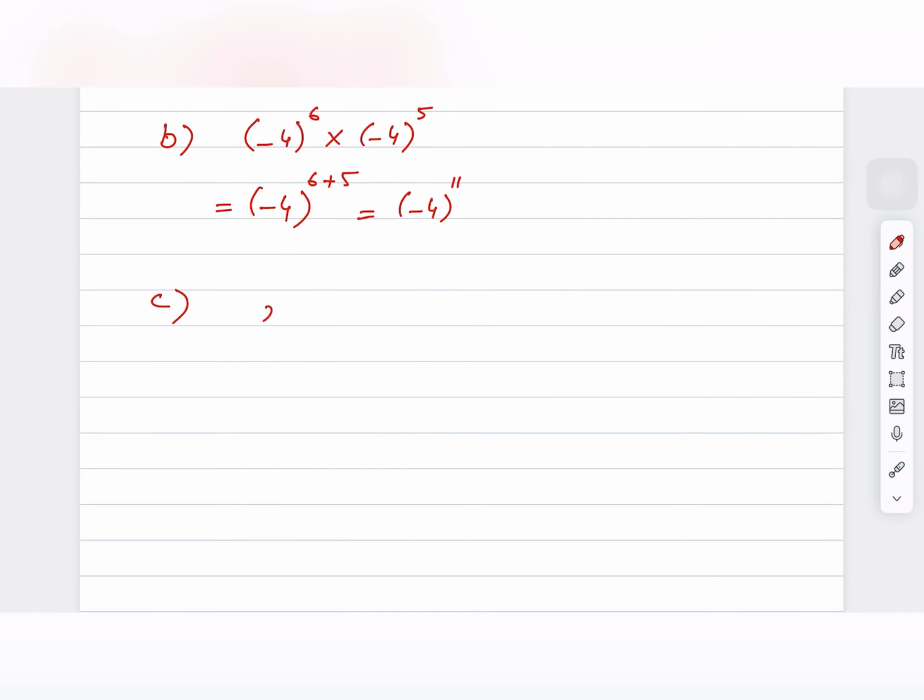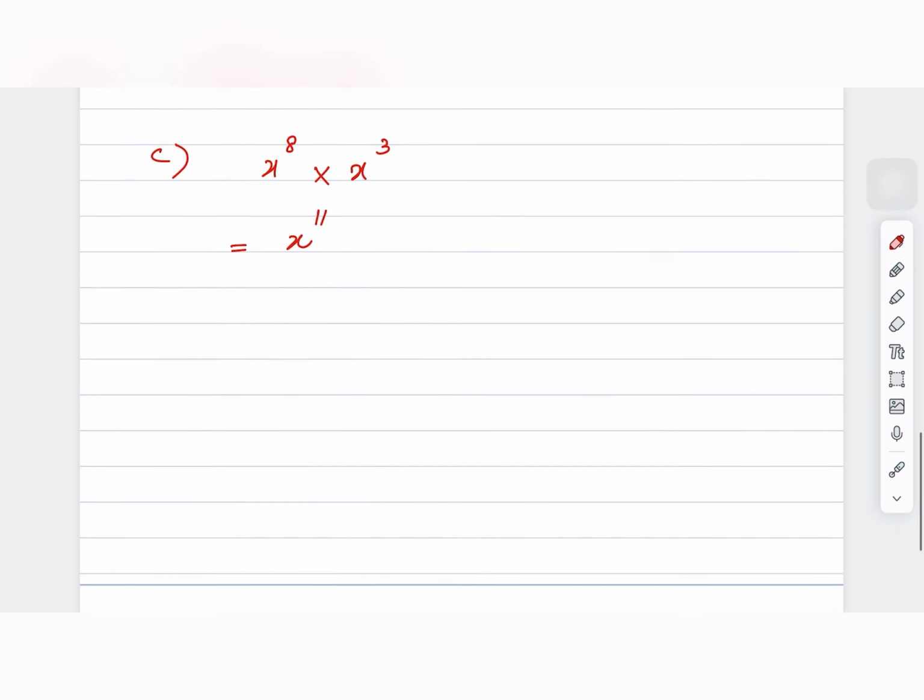C part is, if you have x power 8 multiplied by x power 3, again you have the same bases, so you will add the powers. D part is 3y squared multiplied by 8y power 7.